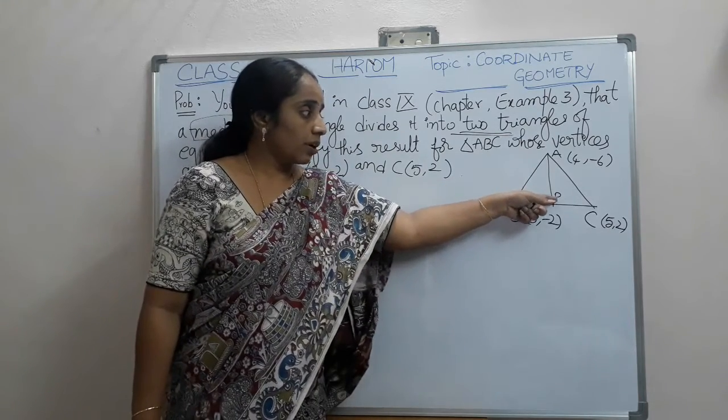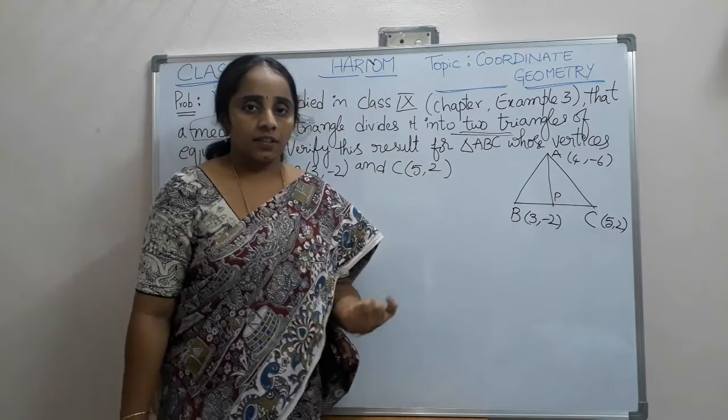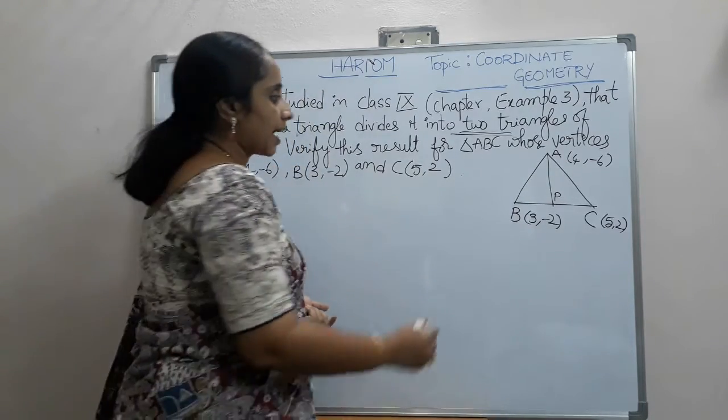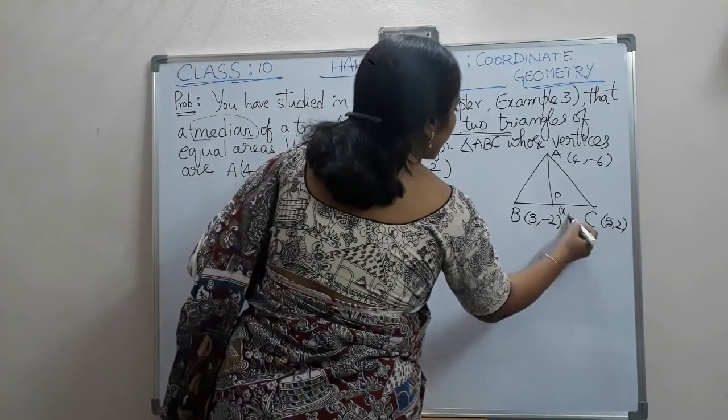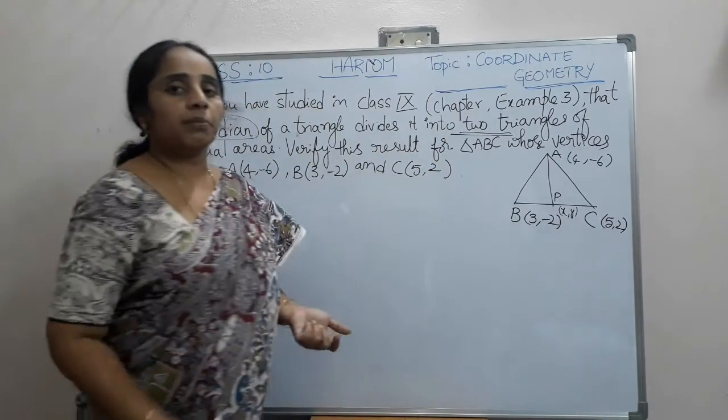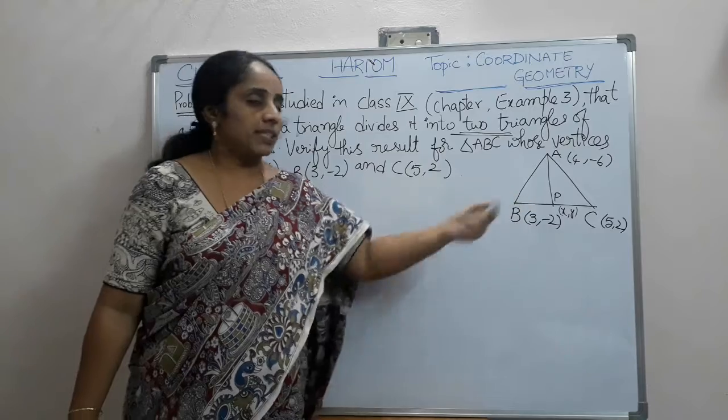We don't know the point P, so assume P as (x, y). P is the midpoint of BC.